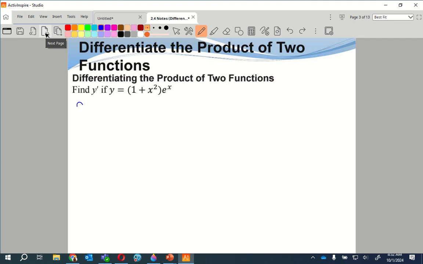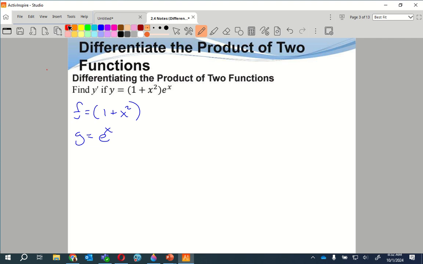So first, my f. My f here is going to be 1 plus x squared. My g is e to the x. Okay.